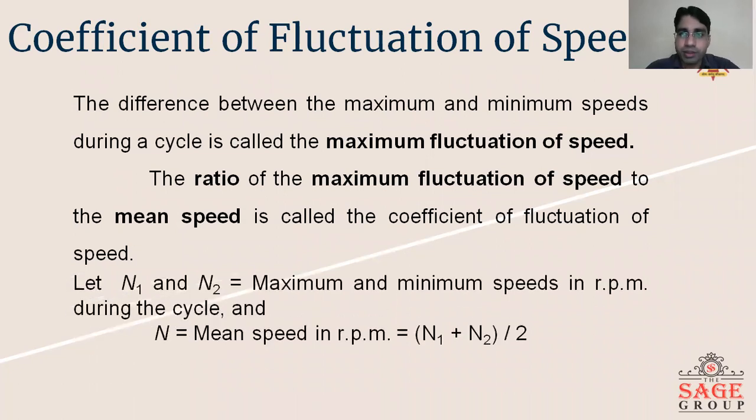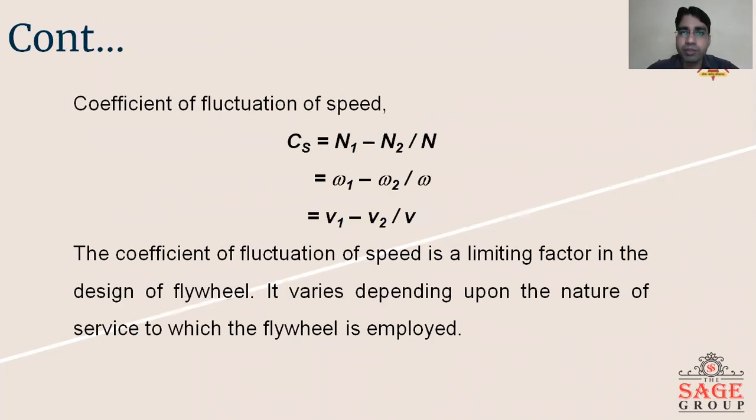Let N1 and N2 be the maximum and minimum speeds in rpm, and N the mean speed, equal to N1 plus N2 by 2. So according to the definition, Cs equals N1 minus N2 upon N, and in the form of angular velocity, omega 1 minus omega 2 upon omega, and in terms of linear velocity, V1 minus V2 divided by V.